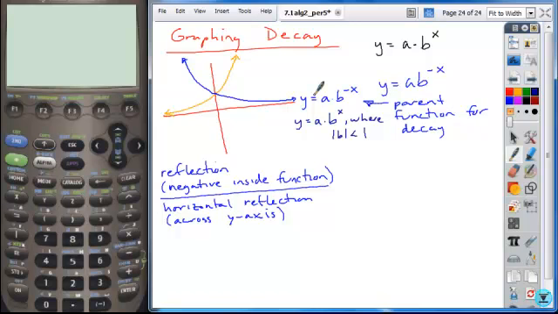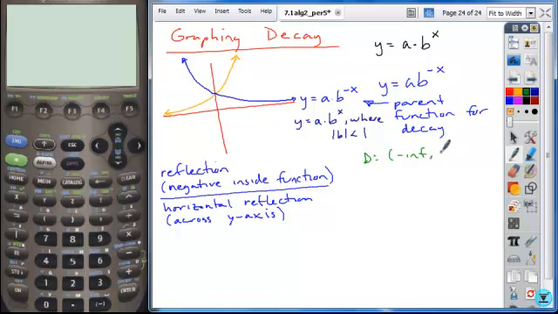Okay. So let's talk about the generic properties of this parent function. In the parent function, this blue graph is your decay function. So what is the domain of that? Are there any limits for the x and y values in that function? No. X can be any number from negative infinity all the way to positive infinity.